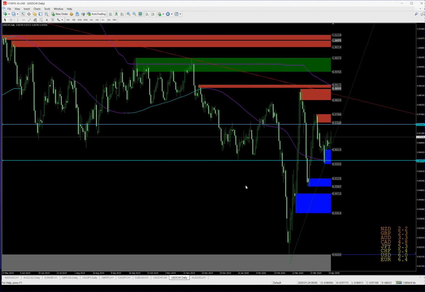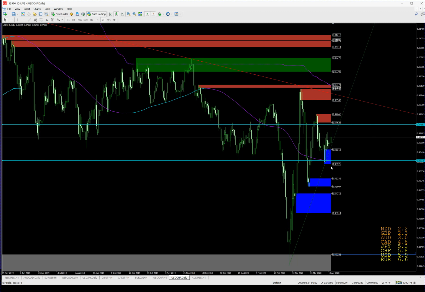Just something to keep in mind, but it is one that you really want to be careful with right now until there is a defined trend. We've lost momentum. Here was our momentum. We had some heavy momentum here, and a lot of that was due to COVID-19, but we've really slowed down.